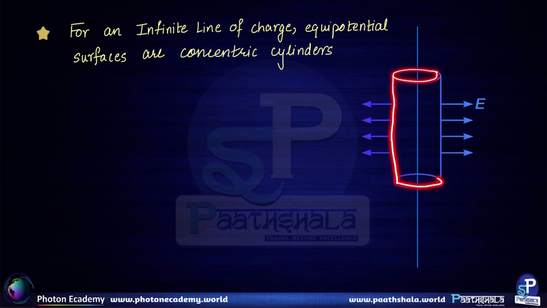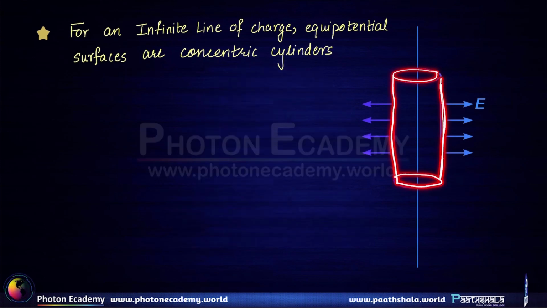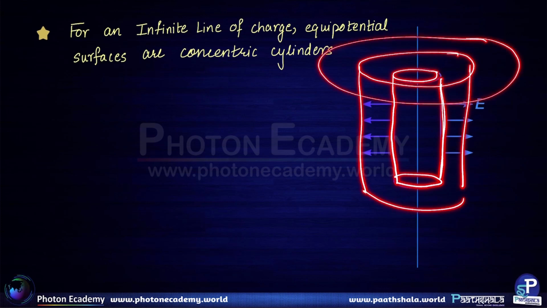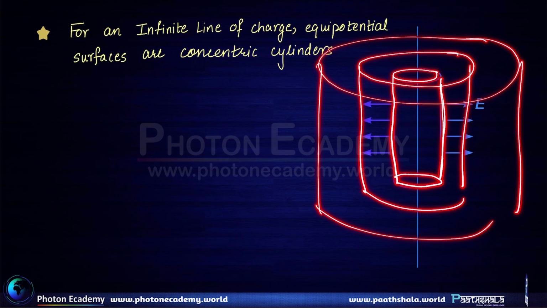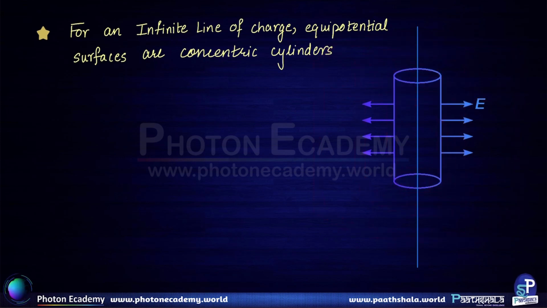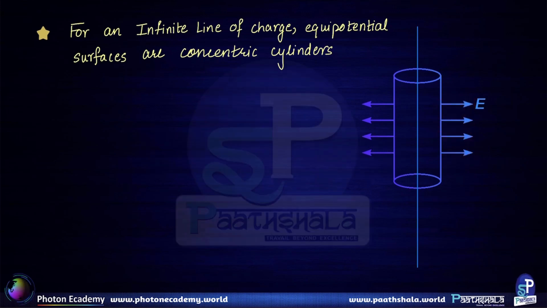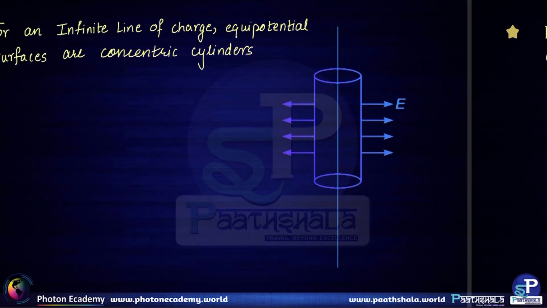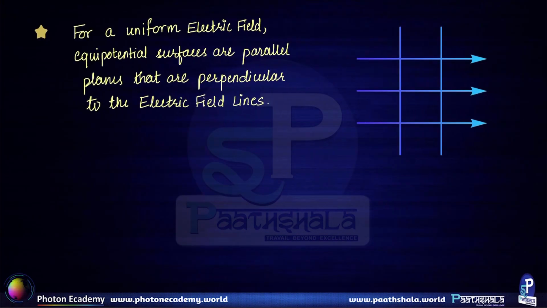This is like one equipotential surface, another can be like this, another can be like this, and so on. Different cylinders will have different values of the potential V, and electric field lines are naturally going to be perpendicular to these equipotential surfaces. So this is a situation wherein we have cylindrical symmetry. Here, this is a situation wherein we have spherical symmetry. And then this third situation is a situation where we have planar symmetry.